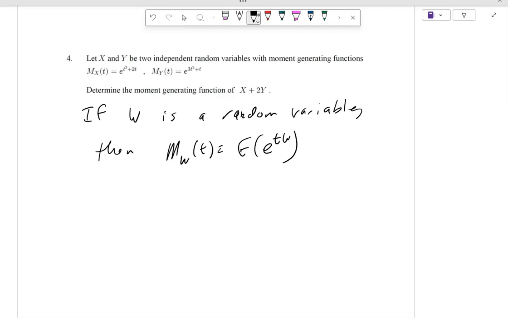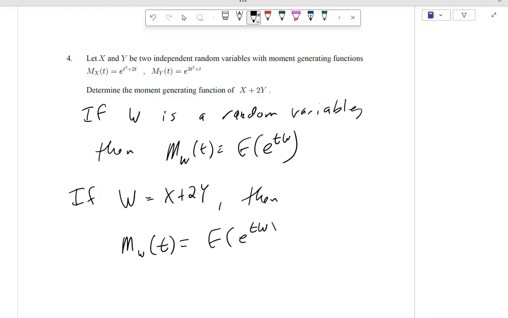So in this case, if our w is x plus 2y, let's look at what our moment generating function will be. That's the definition, right? Our definition of moment generating function is expected value of e to the t times the random variable. What do you think we should do first?